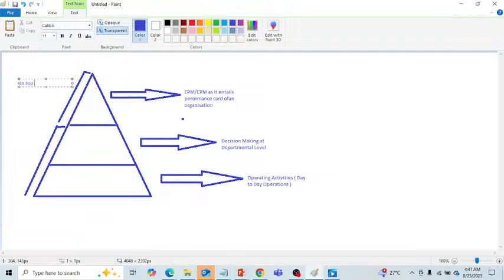And top level management, EPM works. And here the ERP works.